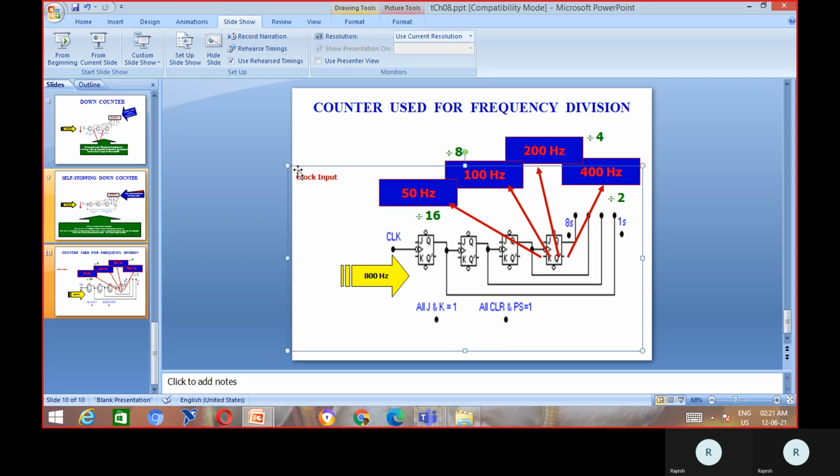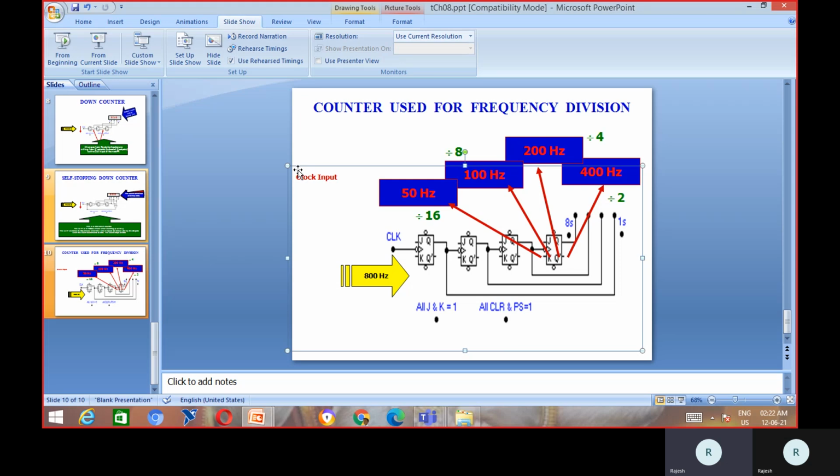If you see, output Q is acting as clock to the next stage. And this bubble means it is negative edge triggered. Without bubble, both JK inputs are 1, which means whenever the clock pulse goes from high to low, the output toggles its previous value. If 0 is there, it becomes 1. If 1 is there, it becomes 0.